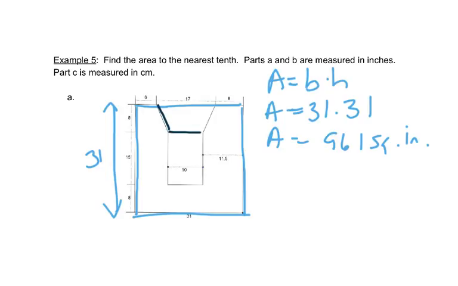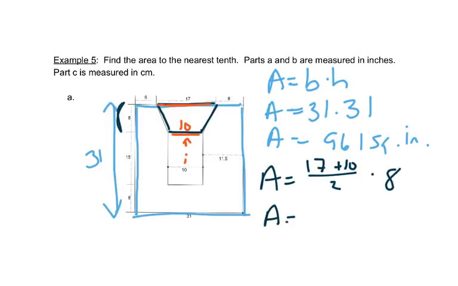But inside here, we have a trapezoid cut out. The top 17 is one base. The bottom, this 10 tells us, is the other base. So for our trapezoid, we would have 17 plus 10 over 2 times, and then the height is out here on the edge, 8.